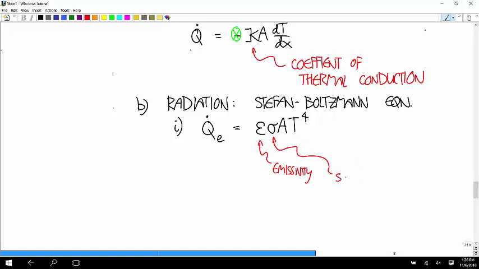The sigma is the Stefan-Boltzmann constant. And the A is the surface area of the body. This E down here means that this is the amount of energy that's emitted by the body through heat.